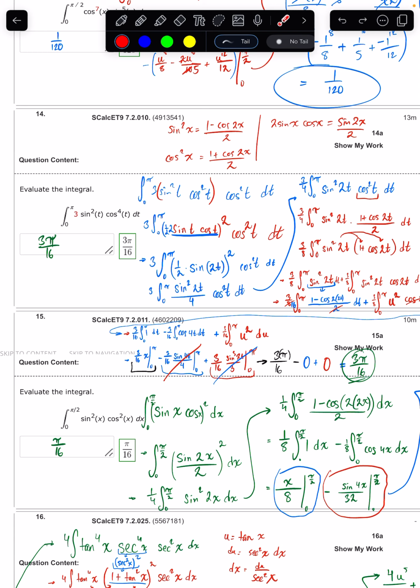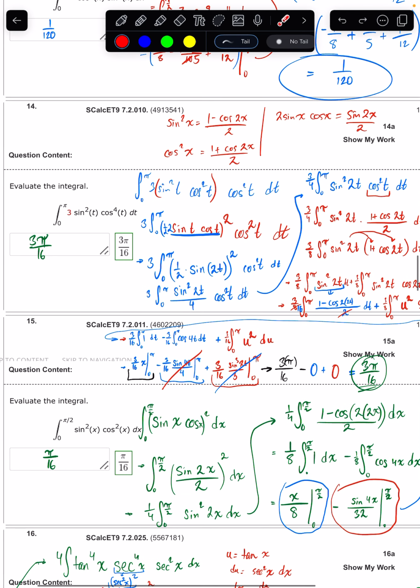I split up the cosine to the 4 into cosine squared times cosine squared. And now, I can take out the square from here, since both of them are being squared and then multiplied.